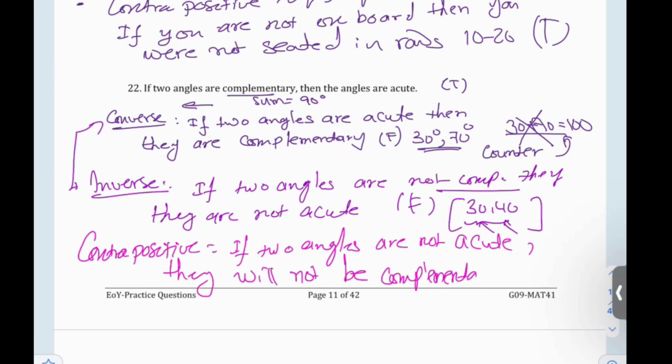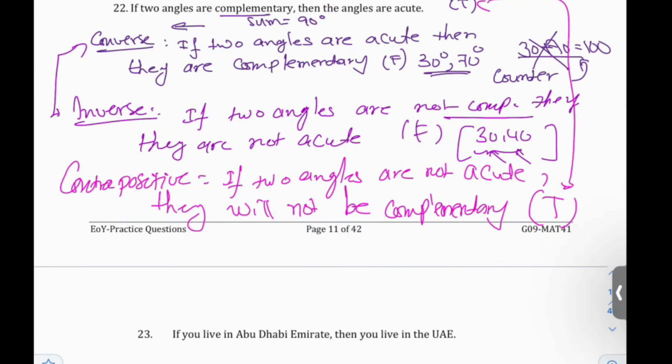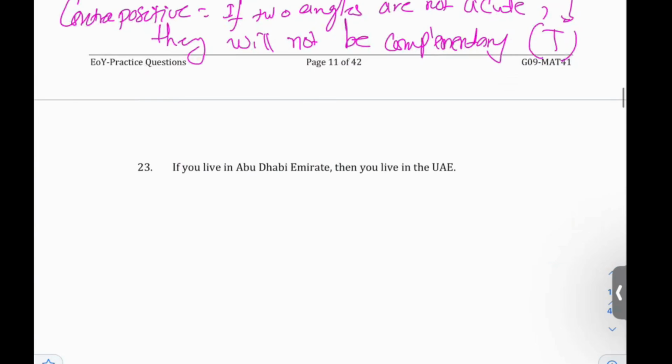And this is true. First, because it's logically equivalent to the first one, or also you can justify it. If they are not acute, they cannot add up to 90 degrees, definitely. If you take one of them not acute, how can you add 100 with something and turn out to be 90 degrees? So it will be impossible.